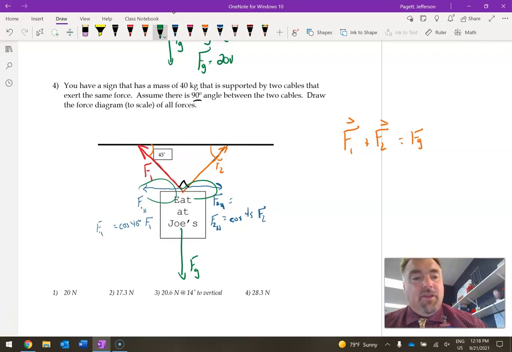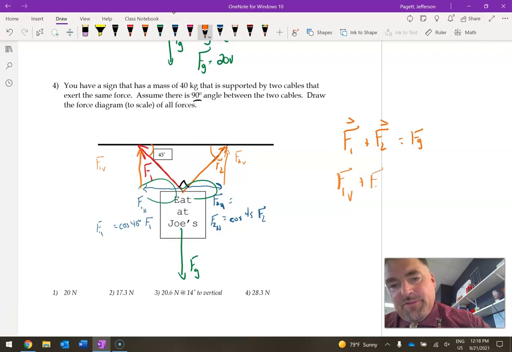If I come back up, now I can say also that I have an F1V, or F1 vertical, and an F2 vertical. Those two pull up together. So F1 vertical plus F2 vertical has to equal my force due to gravity.